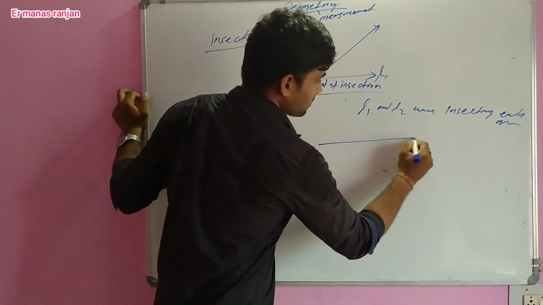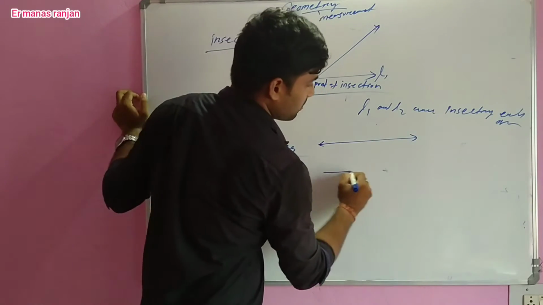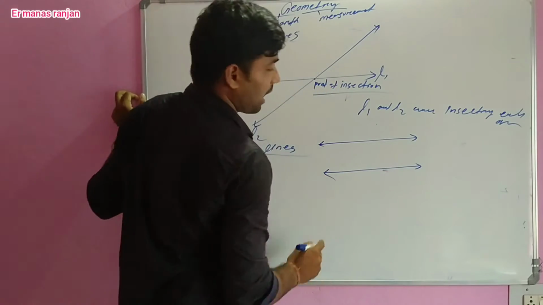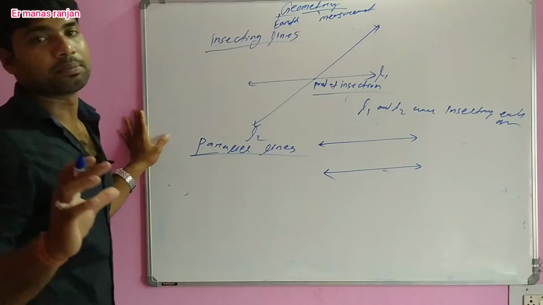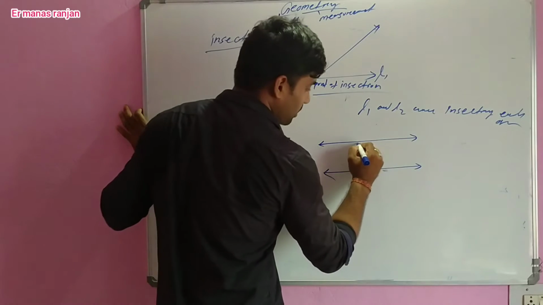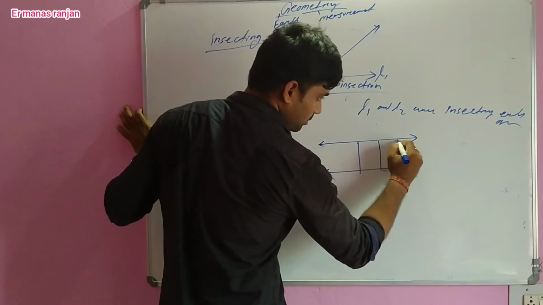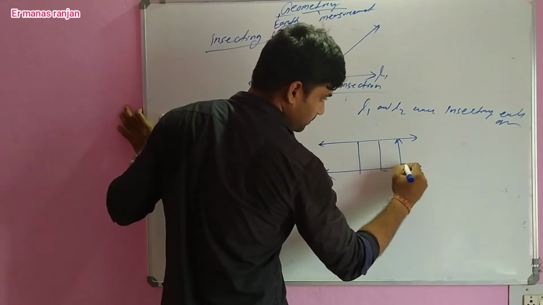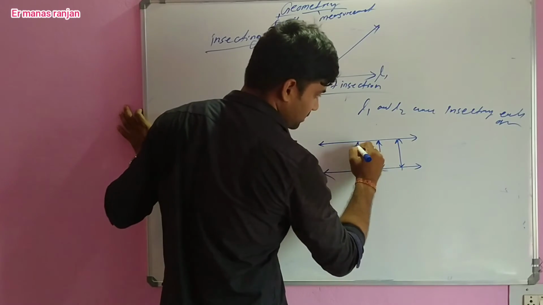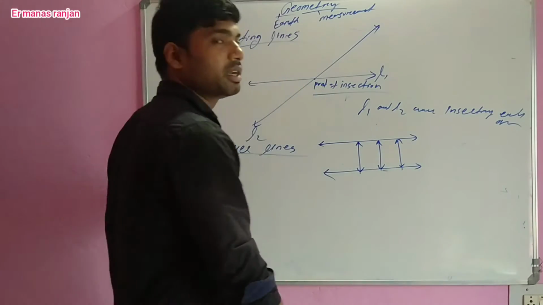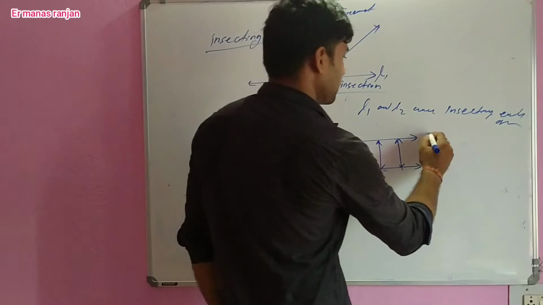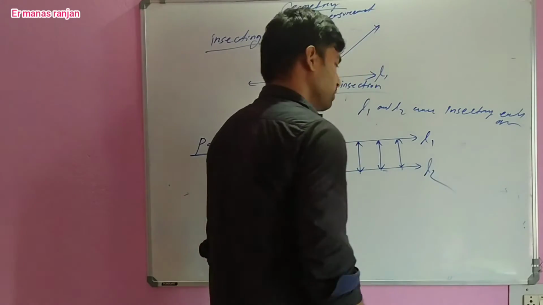Two lines that never intersect each other and have the same gap or same space between them are parallel lines. L1 is parallel to L2.